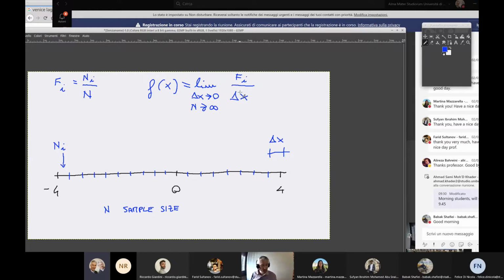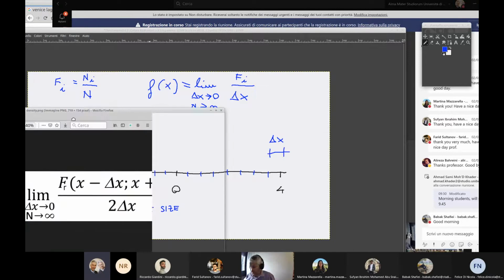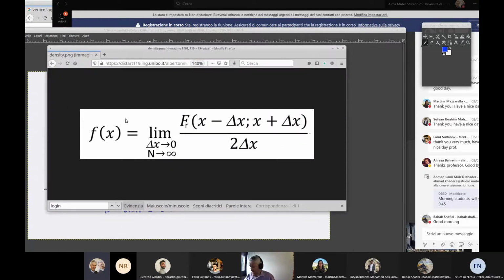This is basically the formula that you find on the lectures on my website. If you look at the formula, actually it's a little bit different because the symbols are different. And in particular, you see that the interval has an amplitude of 2 delta x, but it doesn't make any difference. When you bring delta x close to 0, the fact that the amplitude is given by delta x or 2 delta x doesn't make any difference. It's just a matter of convention.